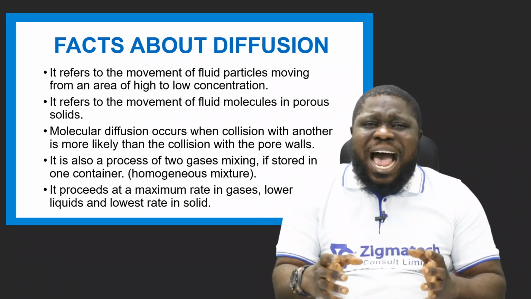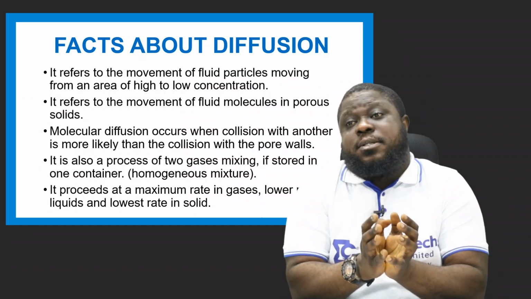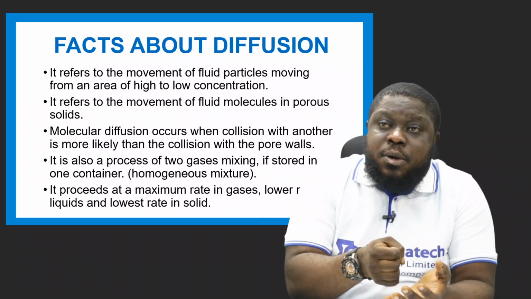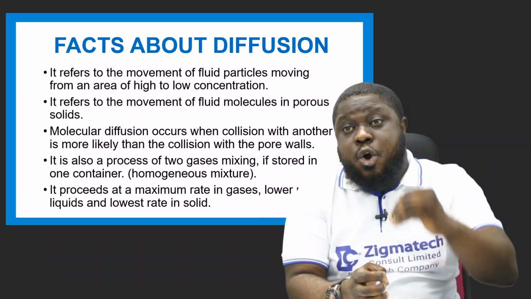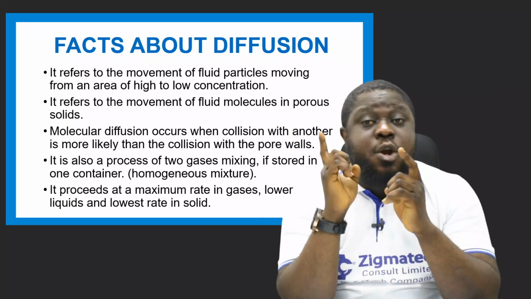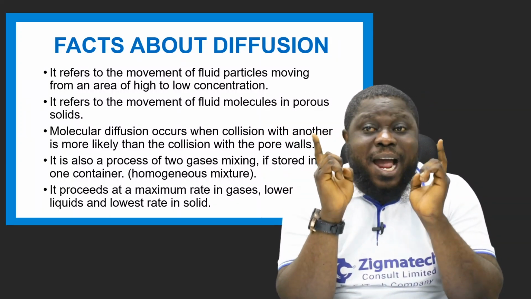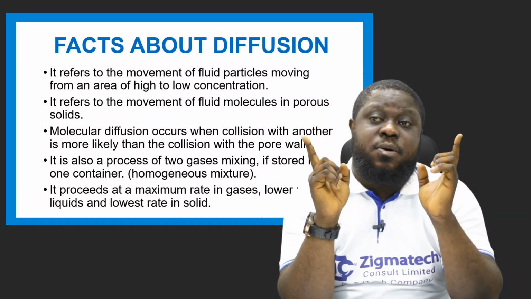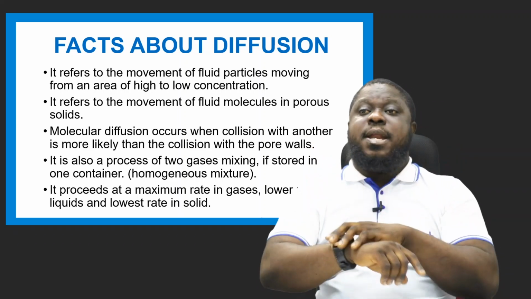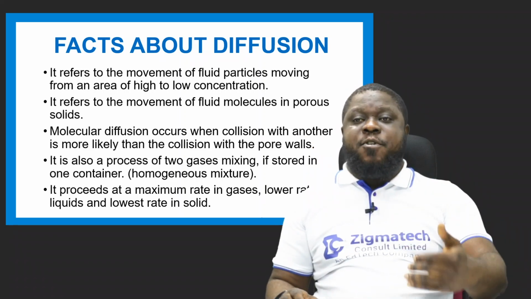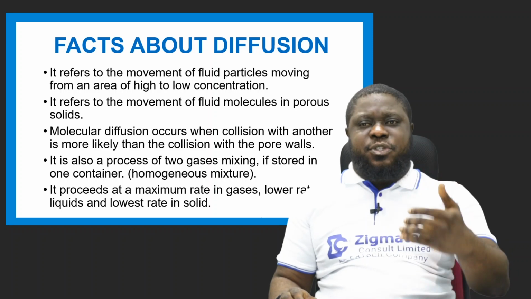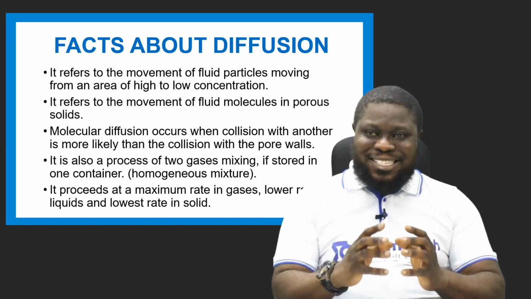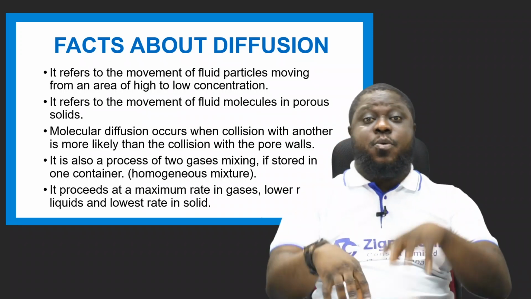Why? Because as this evaporation is taking place, it is moving from a high concentration to a low concentration when it enters the atmosphere. The low concentration occurs only when gas molecules are exposed to the atmosphere. In melting, the solid is changing to liquid and gas at the same time.